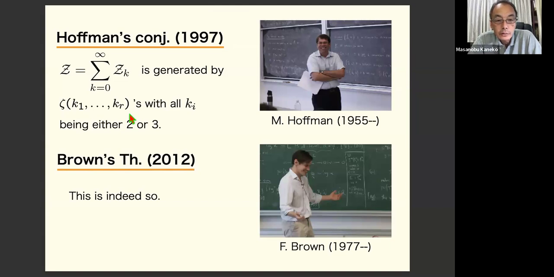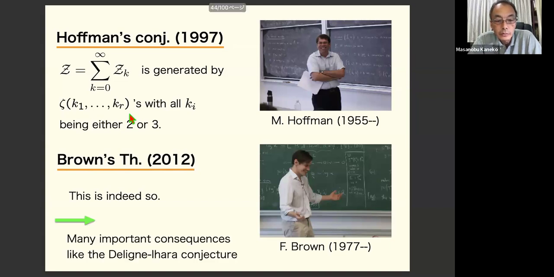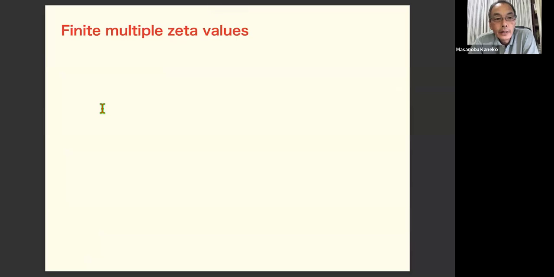His work had a great impact and many important consequences, like the so-called Deligne-Ihara conjecture on the l-adic Galois representations. It was totally unexpected to have such a connection for this simple MZV. Okay, so these are the review of classical MZVs.